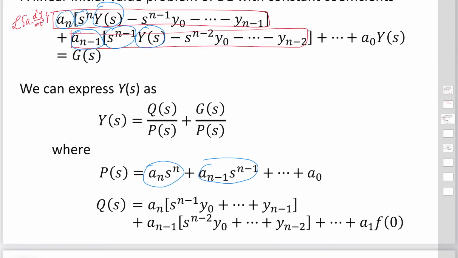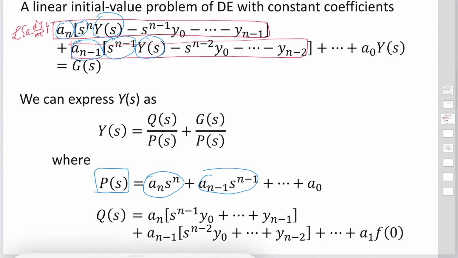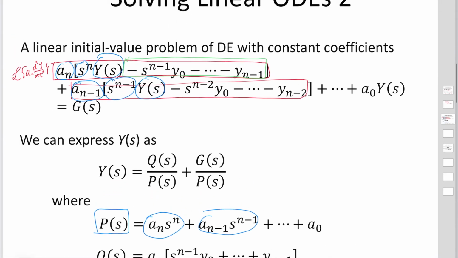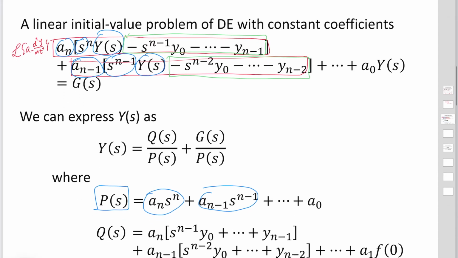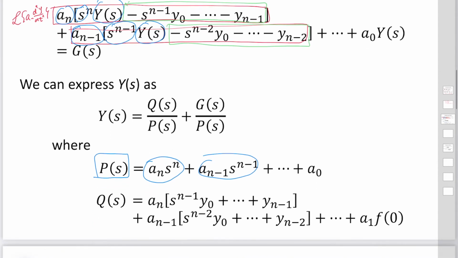You sum up all these terms to create the capital P(s). All the terms related to initial conditions, surrounded by the green, can move into the right hand side to create the capital Q.